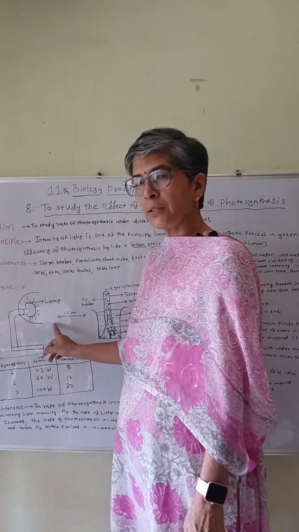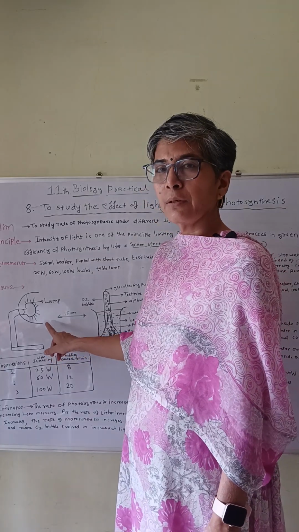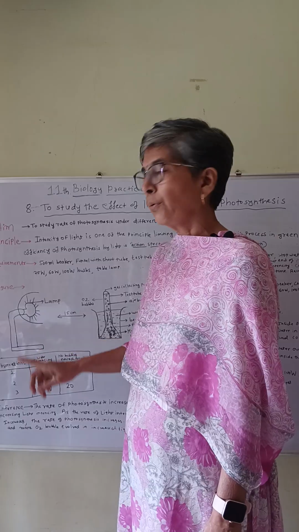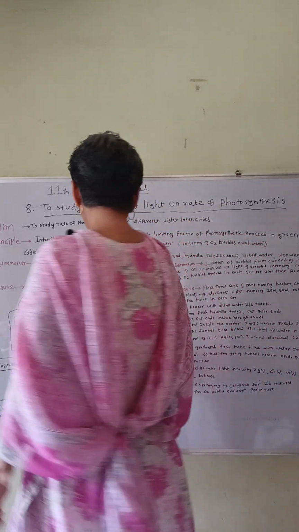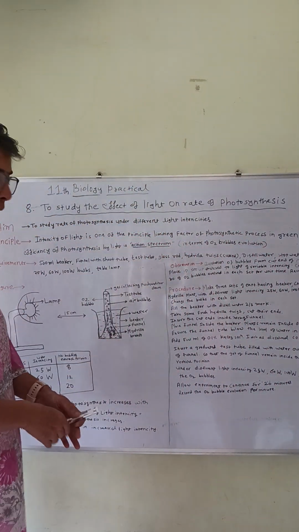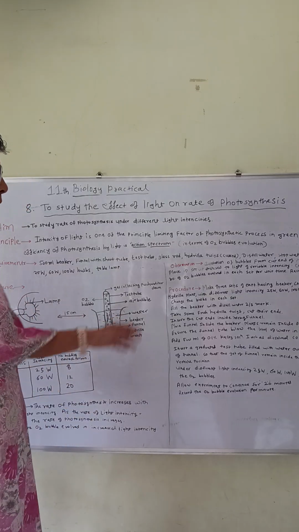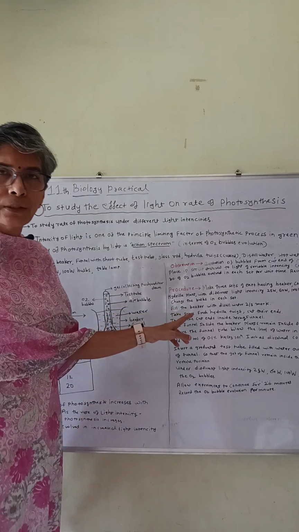This is for checking the different intensities for different readings. The second apparatus set here has one beaker. So the procedure starts here.